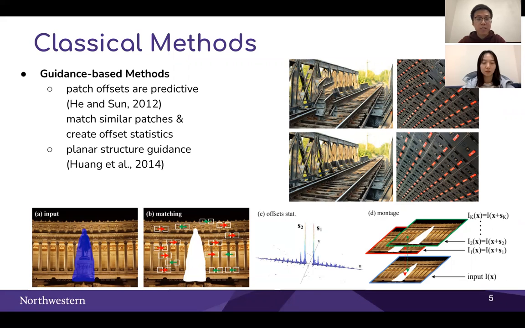These offsets form a statistical distribution where the dominant ones describe how patterns are most possibly repeated. This is really helpful for filling the missing region since it computes and captures the global structure. A powerful improvement upon this is to include planar structure, which makes this method more comprehensive.